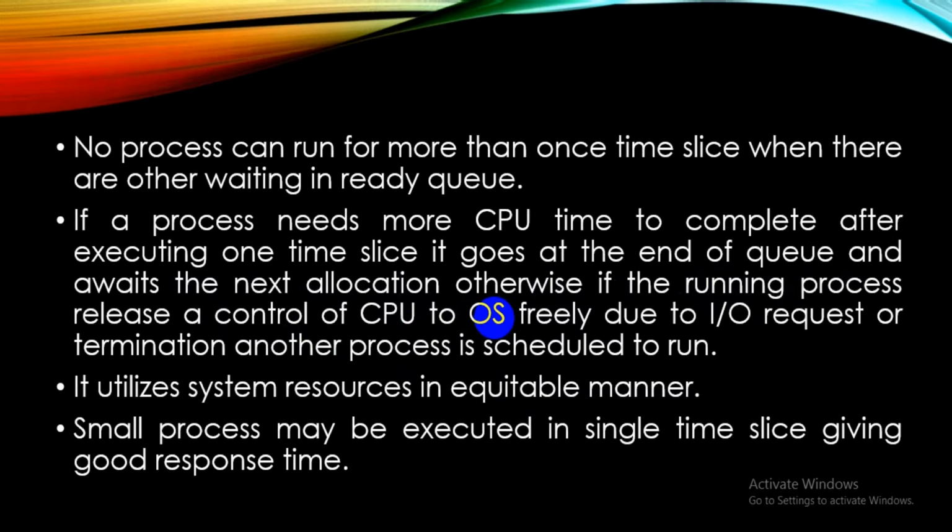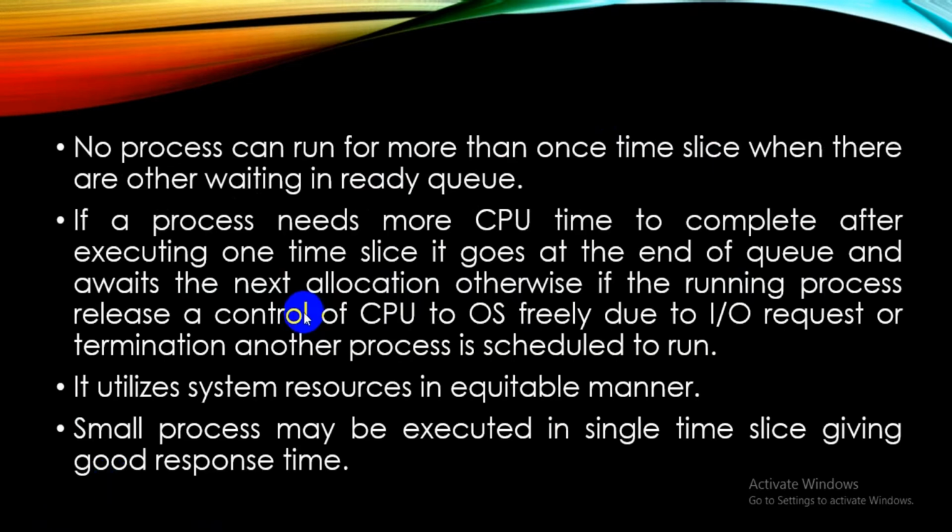So if a running process makes an input output request, it has to wait for its turn for the input output, and the CPU goes to another process for running.